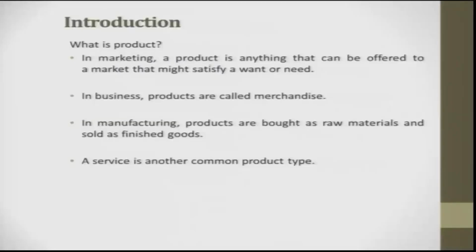In several different segments or sectors, the same product can be given different views. In marketing, a product is anything that can be offered to a market that might satisfy a want or a need of a customer. Today there are so many products available, and in spite of it, new products are also coming into the market.